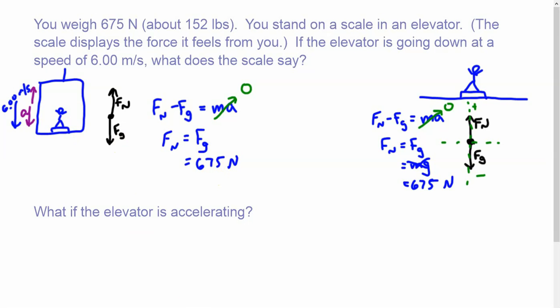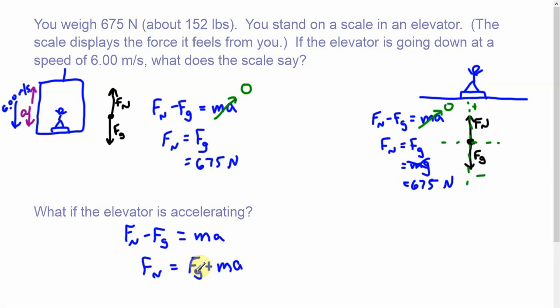Because what we'll have is Fn minus Fg equals ma, but now we can't say that a is 0, because we're in an elevator that has an a. And so the normal force from the scale will be the weight of the person plus ma.